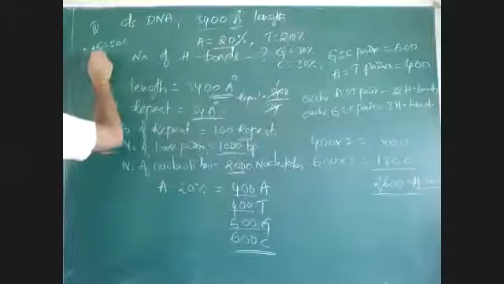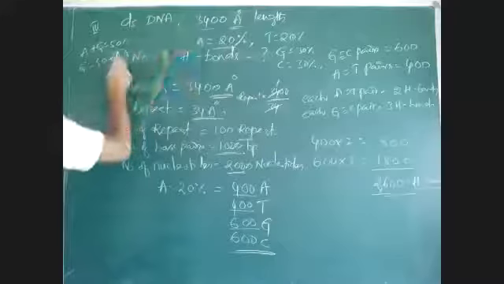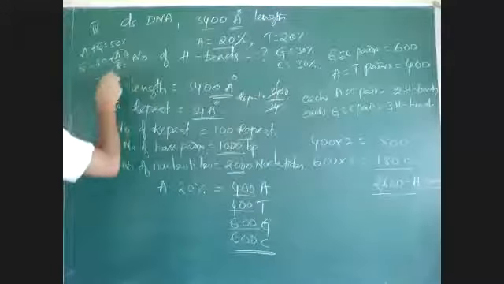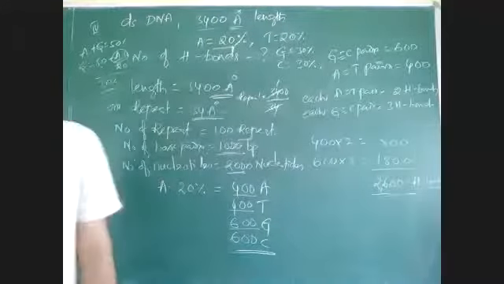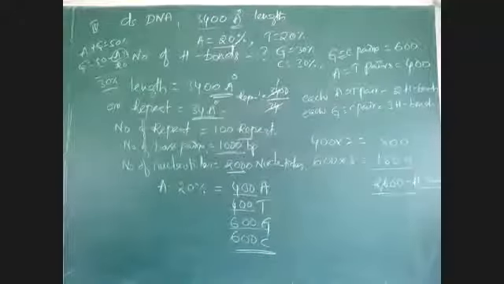G is equal to 50 minus A. A is 20, so 50 minus 20, 30 will come. Harini, clear?